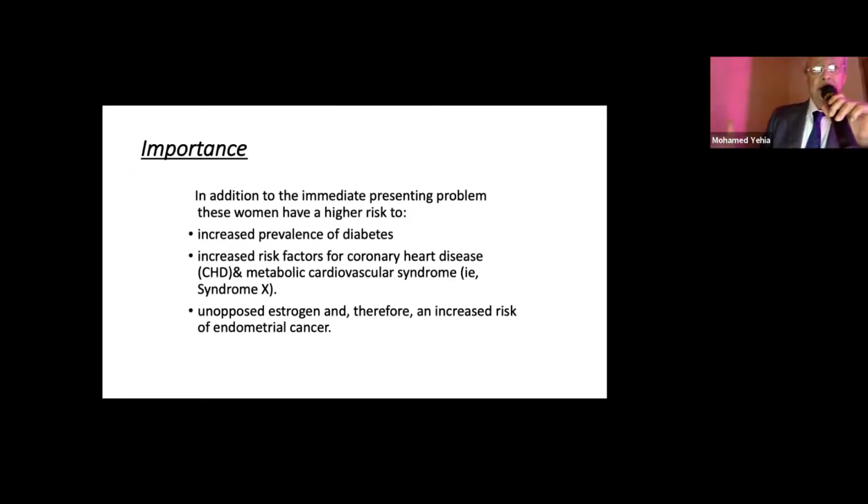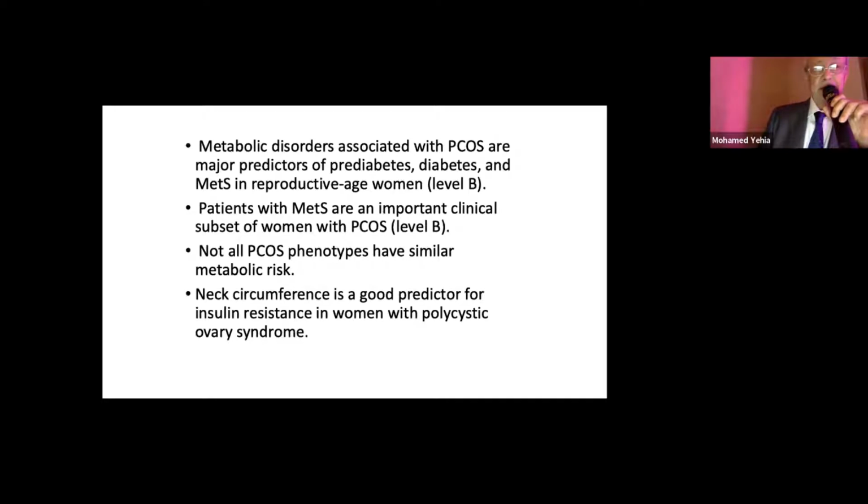The importance, as we said: the immediate problems, women have a higher risk of diabetes, coronary heart disease, cardiovascular syndrome, the syndrome X, and in the long term, unopposed estrogen, increased risk of endometrial cancer.